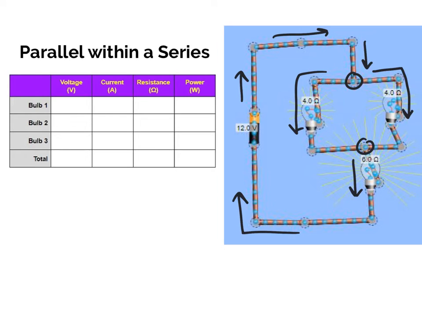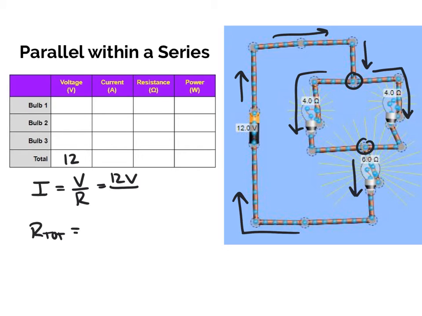Now know again that the current that is produced within a circuit is all based upon the voltage and the resistance. We know in this circuit that there's a total of 12 volts given by the battery. So what we need to find again is our total resistance. Now, for our total resistance, we're going to have to use our rules. What we're going to try and do is figure out that equivalent resistance.